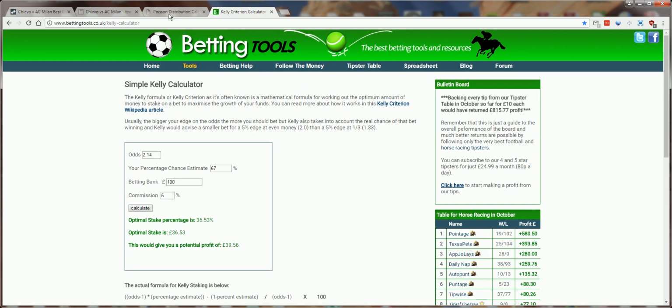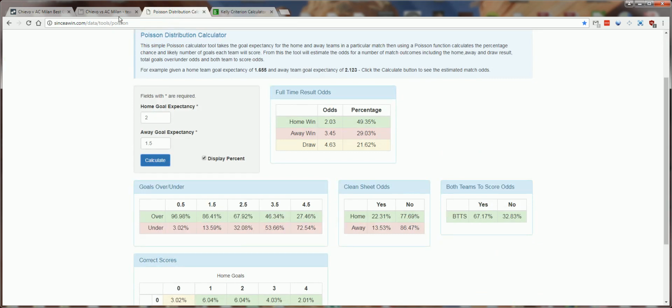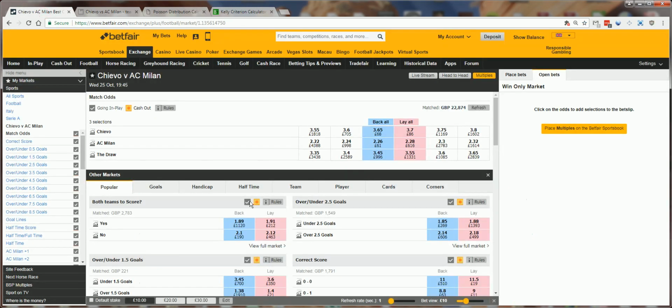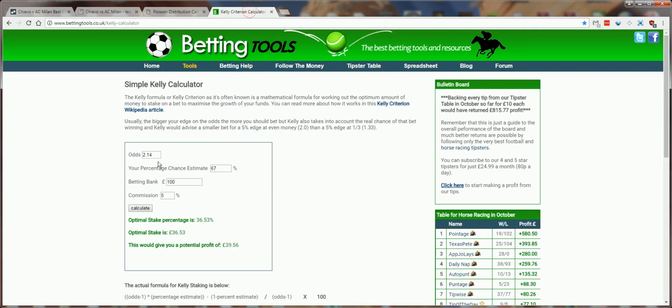Oh, exactly the same. That's lucky, isn't it? And the price on BTS is 1.89. So 1.89, and that's 27%. Well, that's very good value. So that's why I've chosen those two bets.